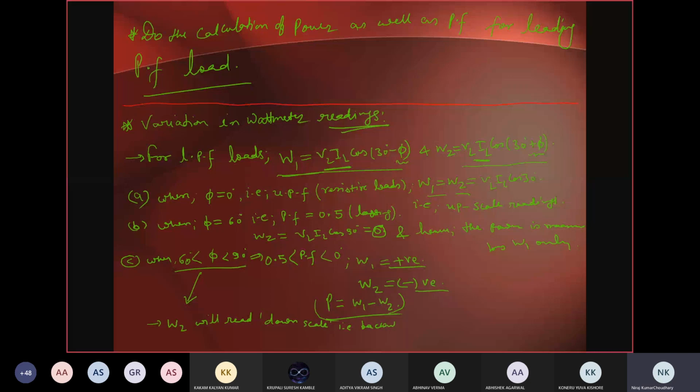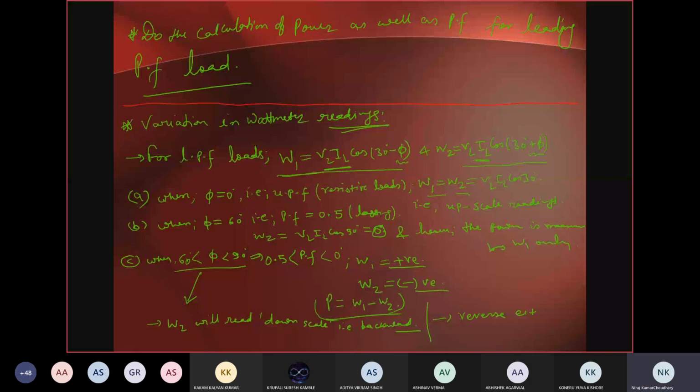Hence, to obtain a reading on W2, it becomes necessary to reverse either the connection of the pressure coil or the current coil.